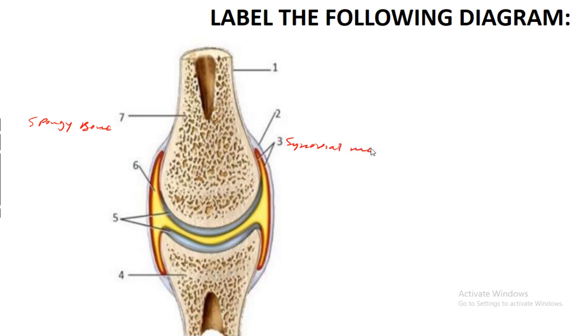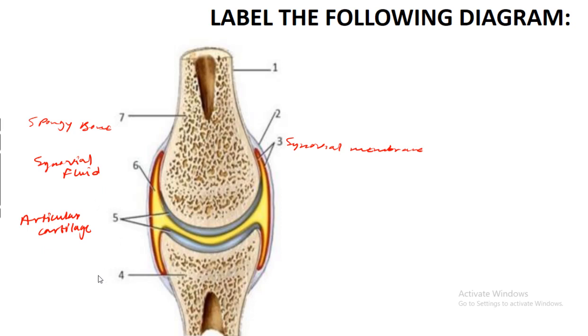Okay, so there on 3 we have the synovial membrane. And then 5 is simply the articular cartilage. And then 6 is just the synovial cavity having the synovial fluid. So we can simply say the synovial fluid.